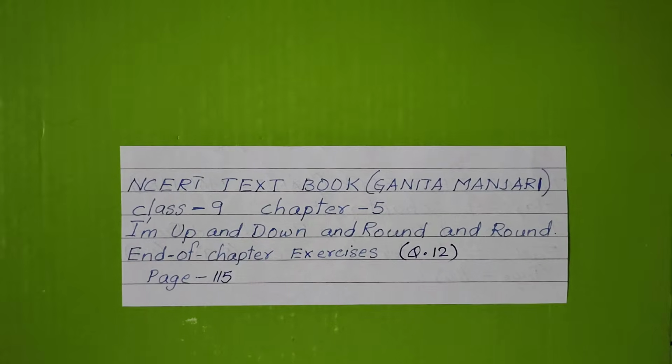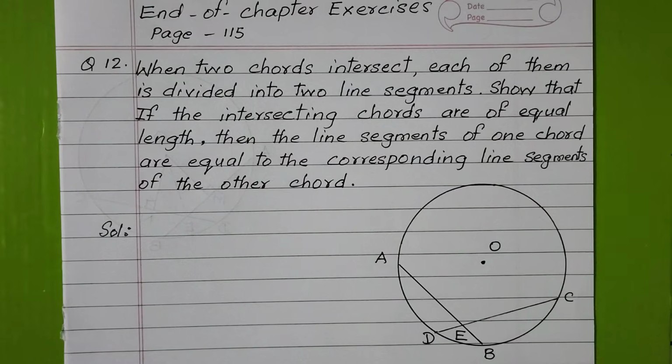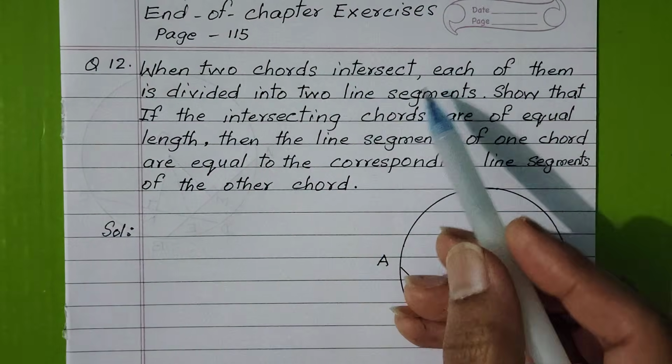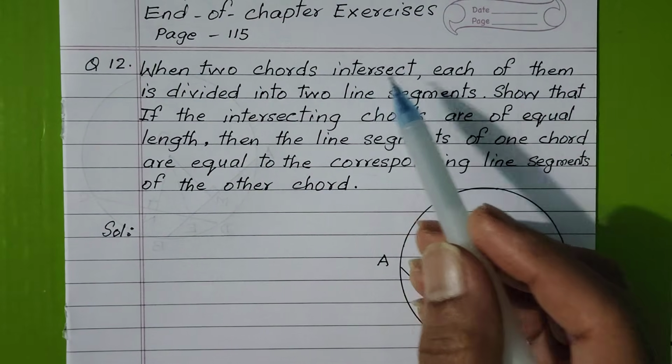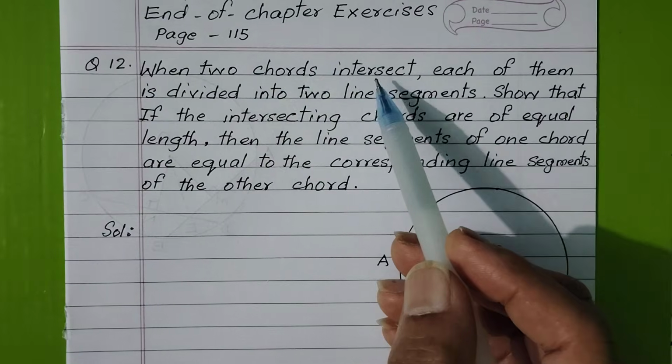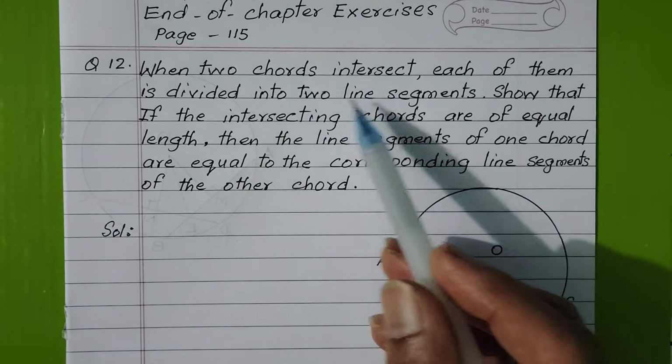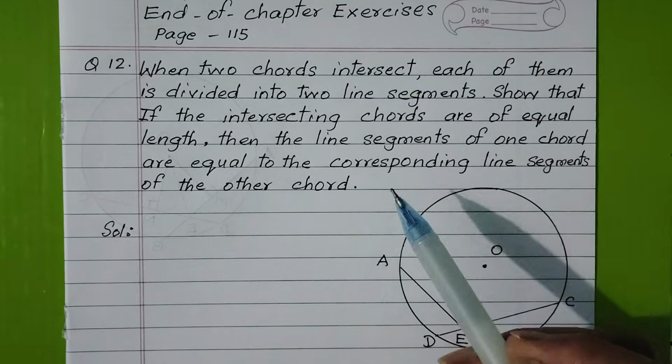End of chapter exercises. Question number 12. It's on page number 115. The sum says, when two chords intersect each other, each of them is divided into two line segments.